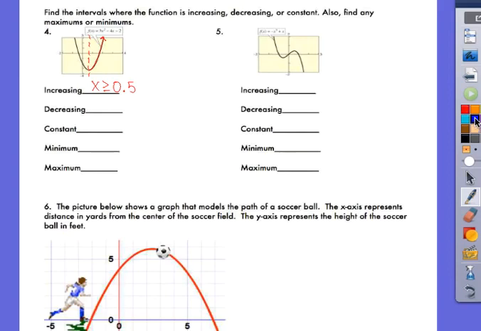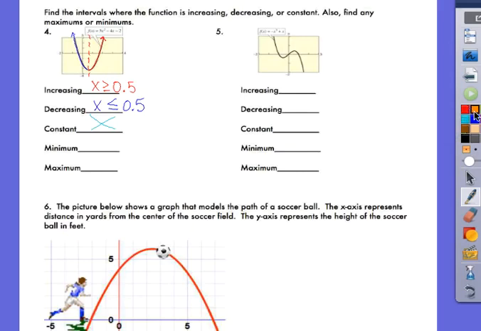All right, now let's do the decreasing. Okay, it's decreasing all the way to that point. So it's decreasing for the x values that are less than or equal to 0.5, right? Because it's still coming to that same point, 0.5. All right, are there any constant areas? Any flat lands? Nope. How about any minimums?